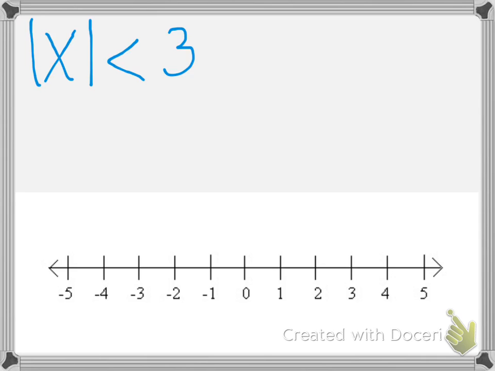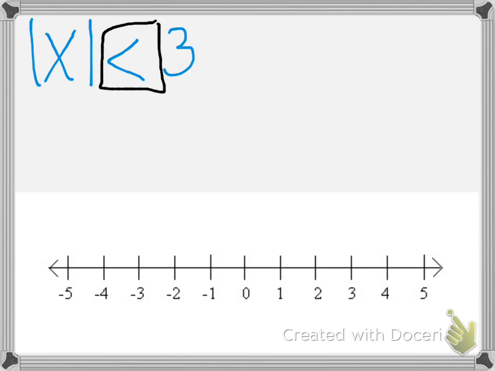All right, so with this inequality, what we are looking for is all of the numbers whose distance from 0 is less than 3. All of the numbers that are less than 3 places away from 0 on the number line.